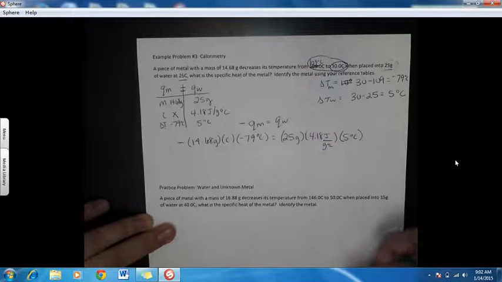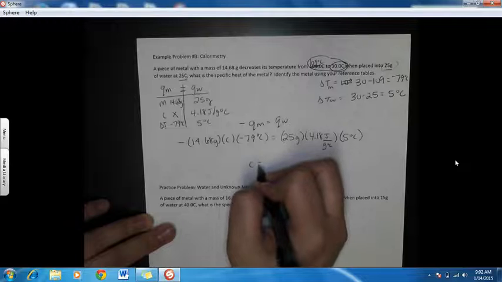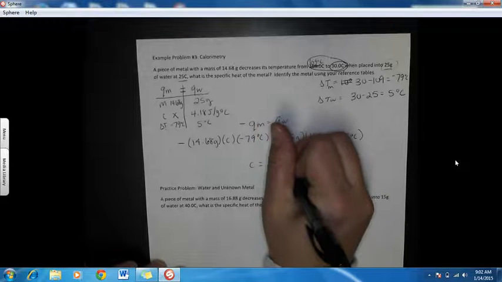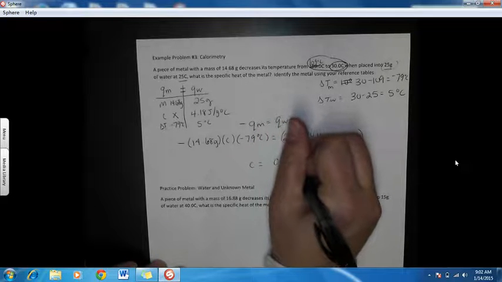And so then we will calculate what C is. So we multiply the right side and divide by the things on the left side. And we get that the specific heat of the metal is 0.45.